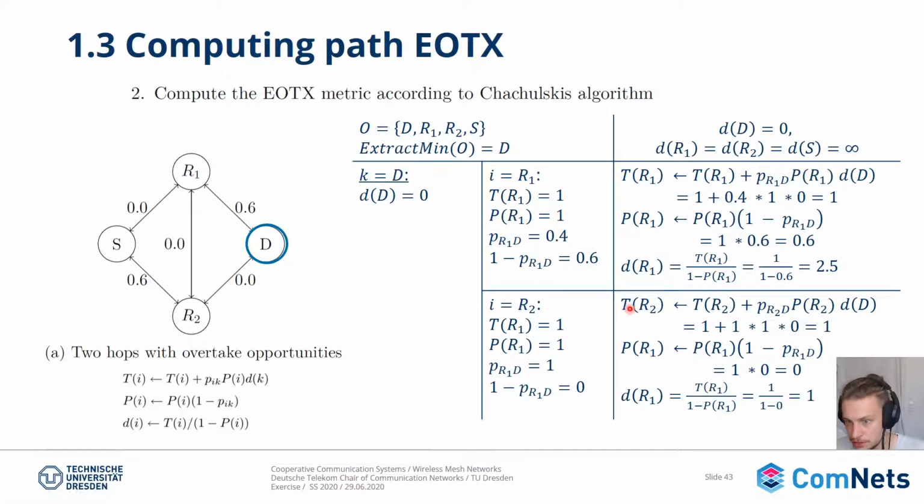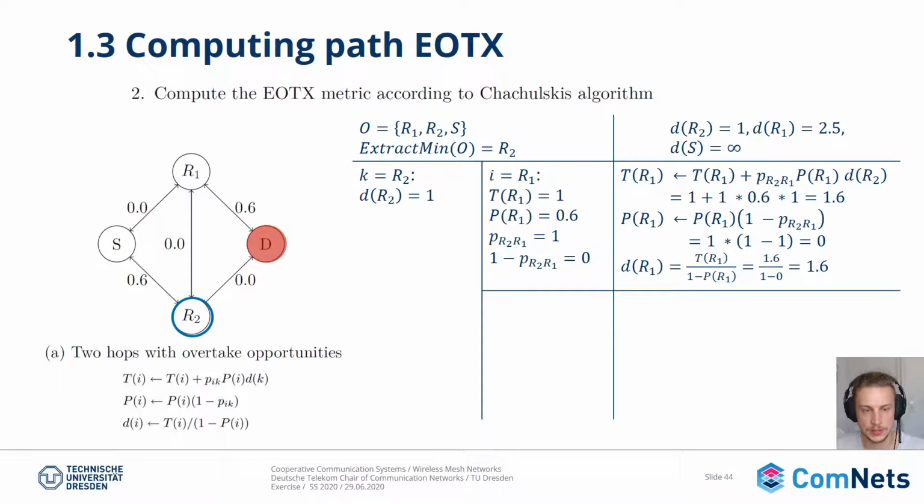It does not change t in the first part because the distance from d to itself is 0. As the link is perfect, also p is 0 now, and the distance of R2 is 1. Again, it's the ETX value because there's no multipath opportunity until now.